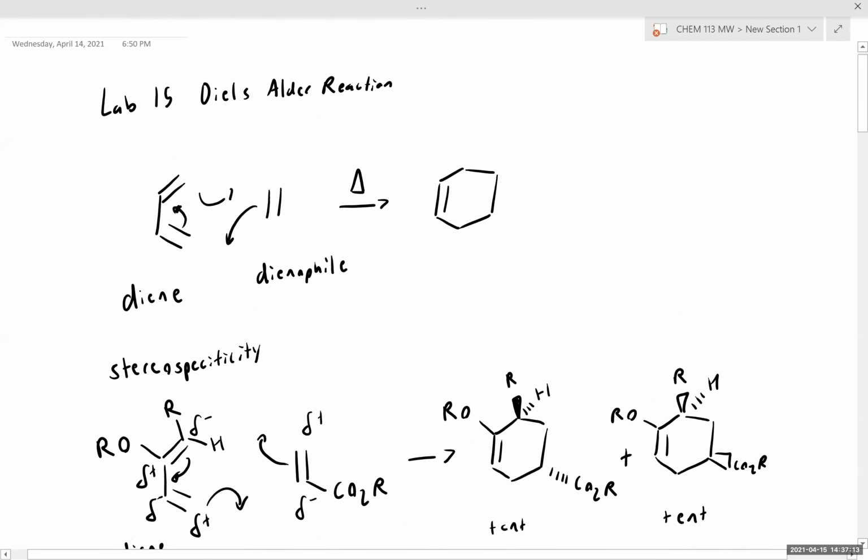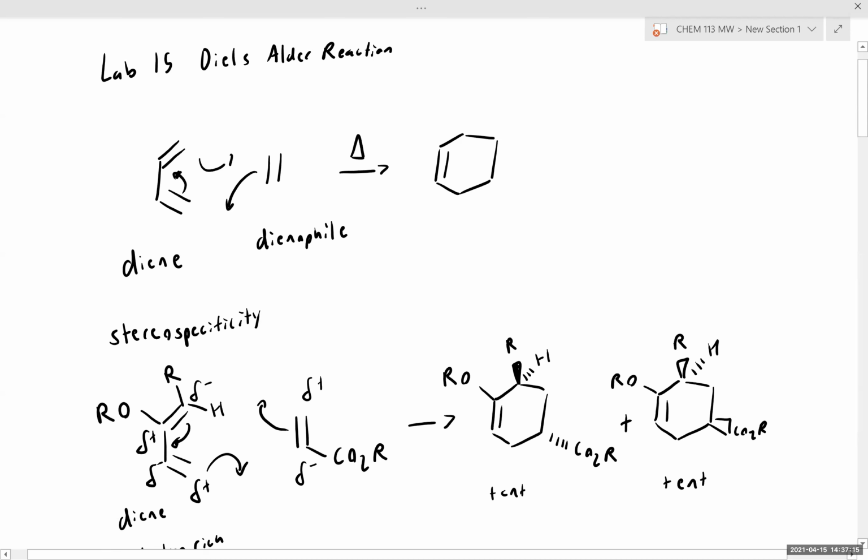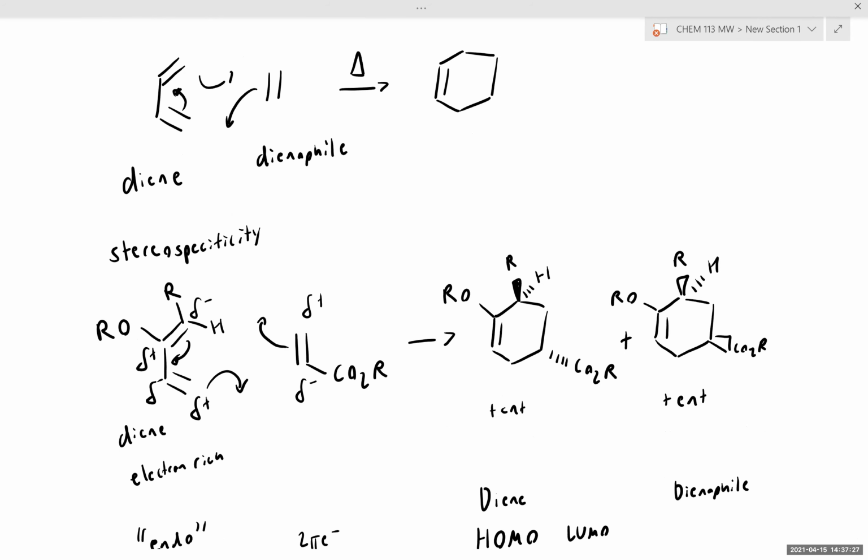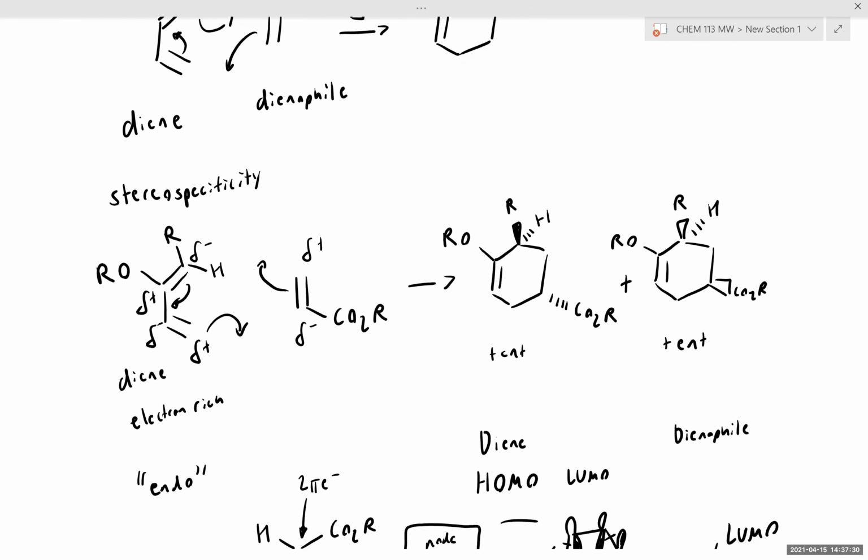Just to recenter everyone here, the Diels Alder reaction is a useful reaction to form multiple carbon-carbon bonds simultaneously. It's a concerted pericyclic reaction, and it's wonderful for setting multiple stereocenters with stereospecificity.